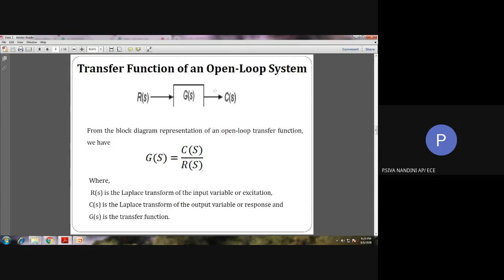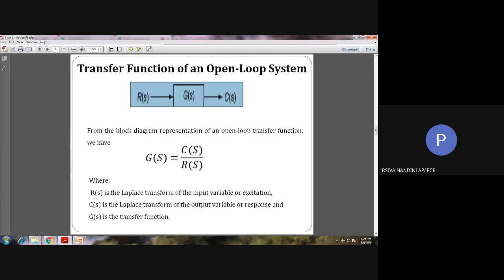Okay. So we see the transfer function of an open loop system. Here an open loop system is given. How are we saying it is an open loop system? Because the output is not fed back to the input. Here in this system, R of S is the input given, C of S is the output obtained, and G of S is the transfer function.